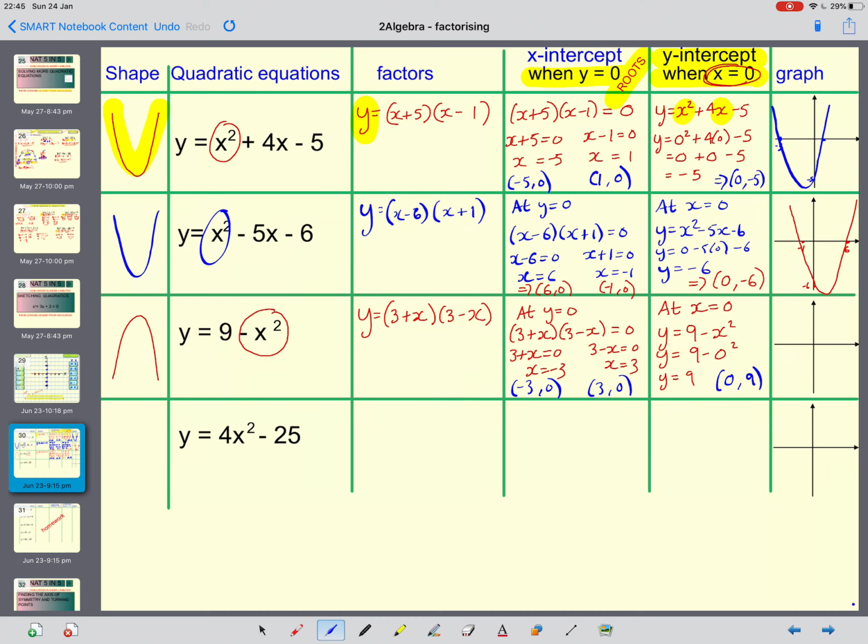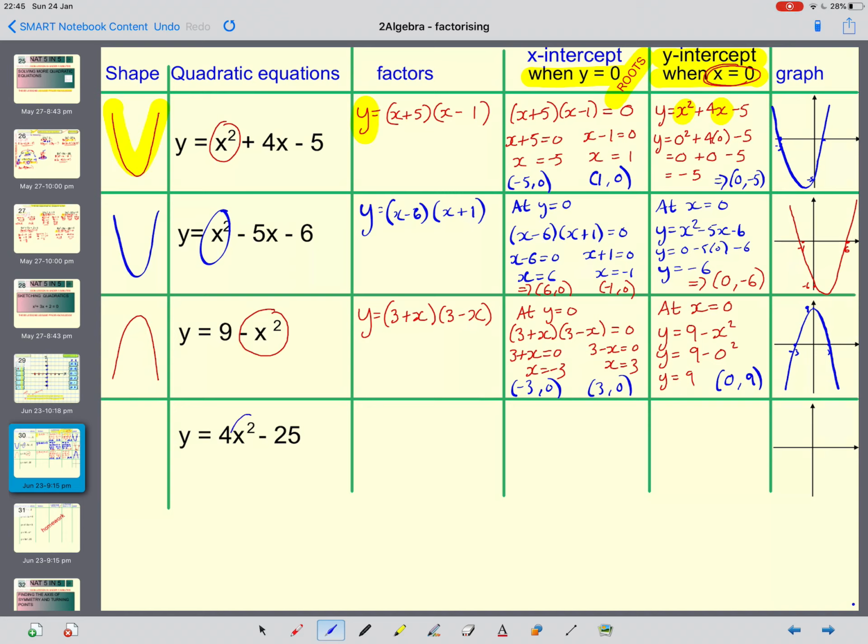So if I had to plot that, I've got negative 3, 0, 3, 0, and 0, 9. And remember what the shape looks like. It's going to be symmetrical because it's through 3 and negative 3. Okay?